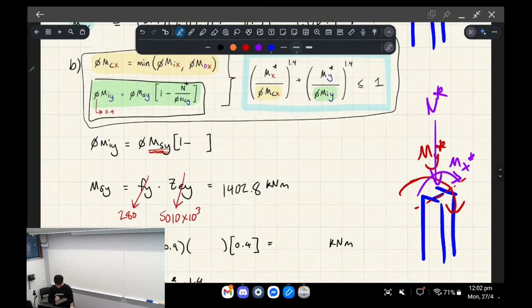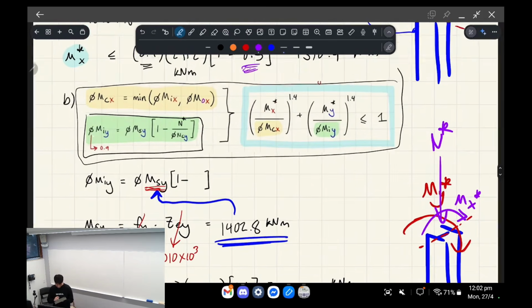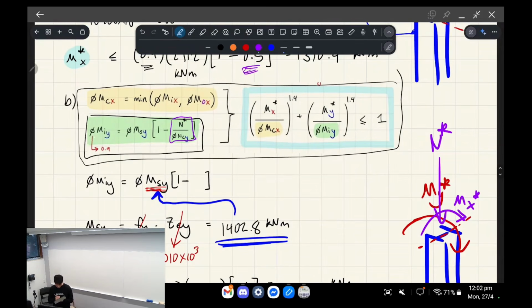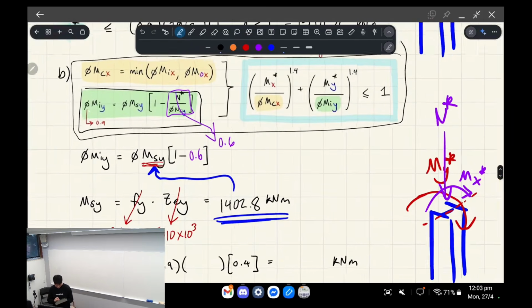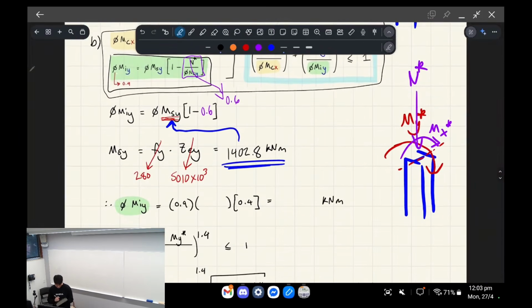So using that number, we can plug it into here. And basically here, we know from the question's wording that this fraction ratio was 0.6. So we can just plug that into the brackets, and that gives us 0.9, which is the phi value, times 1,402.8, multiplied by 0.4.